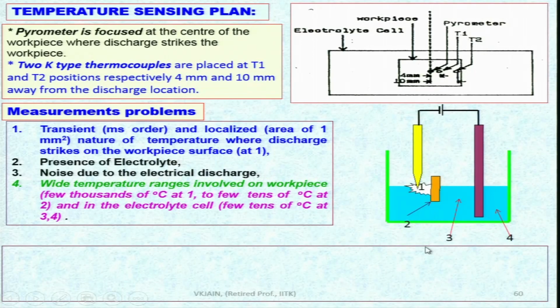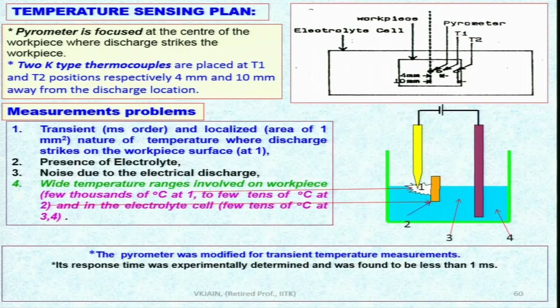You can see here this is the 1 where the sparking is taking place, this is the 2, the few tens of degree centigrade are here, and this is 3 electrolyte and this is again the electrolyte. These 1, 2, 3, 4 are connected with this particular figure. So, there are many problems as mentioned over here during the measurement of the temperature.